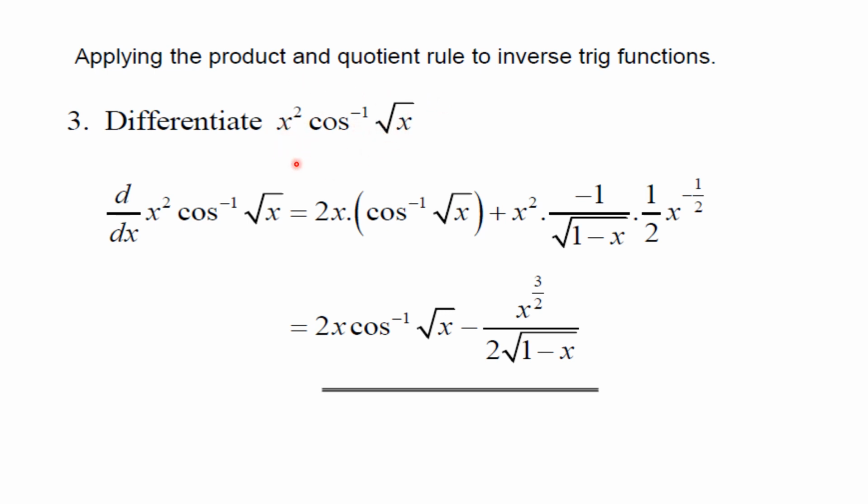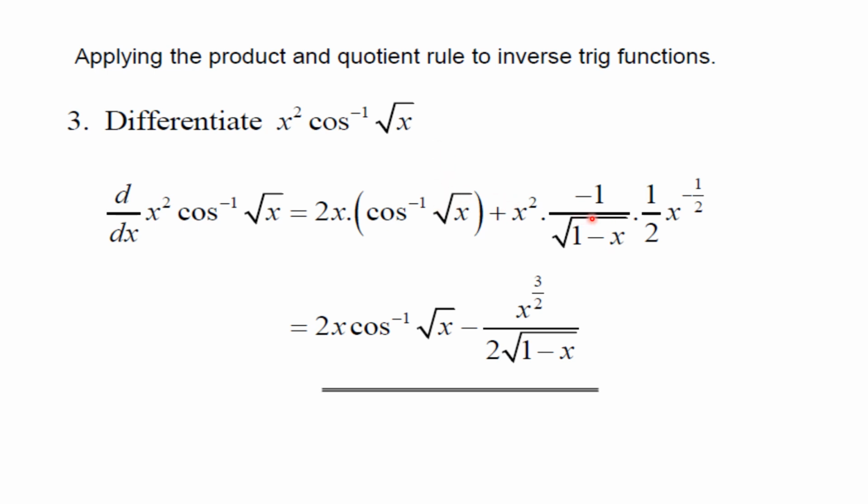Your u is x squared, your v is inverse cosine of the square root of x. So you can use the product rule here. Differentiating x squared gives you 2x. You copy the v, plus copy the u, x squared, times the differentiation of inverse cosine, so use the inverse cosine differentiation law.